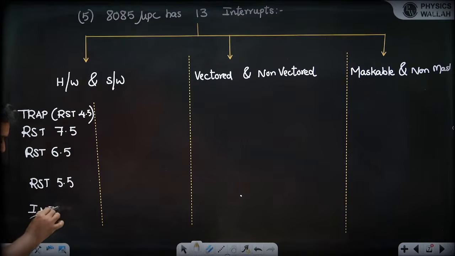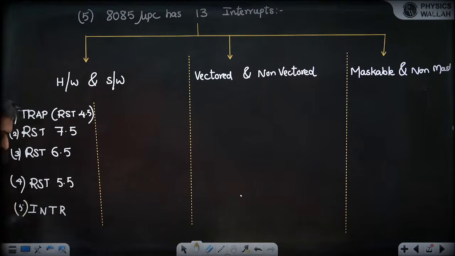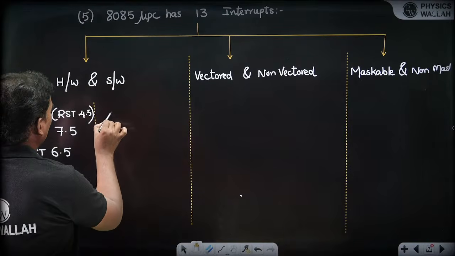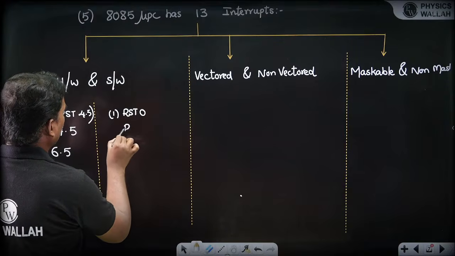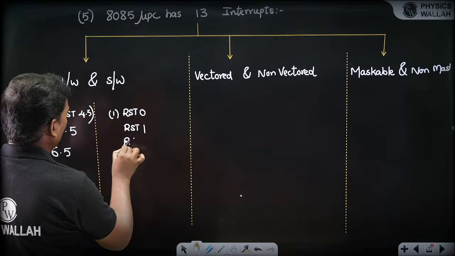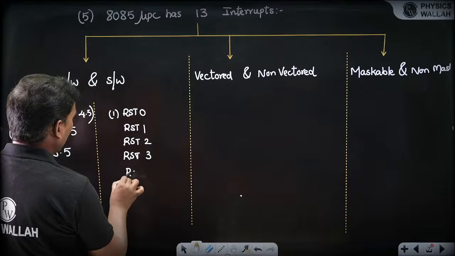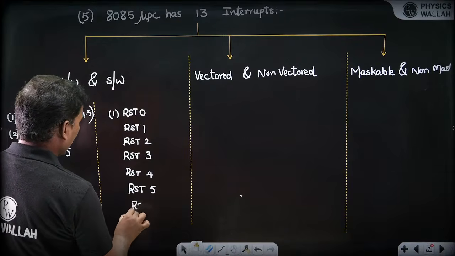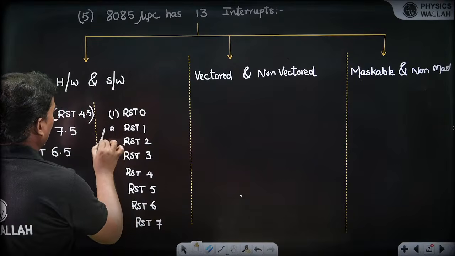So these total 5 hardware interrupts, and software interrupts are RST 0, RST 1, RST 2, RST 3, RST 4, RST 5, RST 6, RST 7.